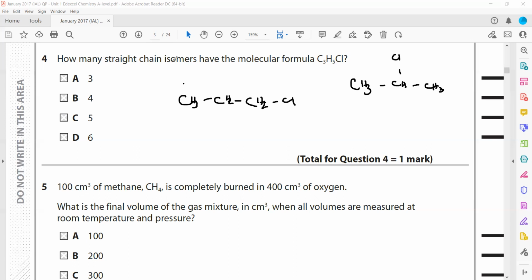Straight chain here refers to not a cyclic one. Straight chain includes both branched as well as inline. So chlorine can be attached to the first carbon, or to the second carbon. So these are the two isomers which we do. Then we can change the orientation.